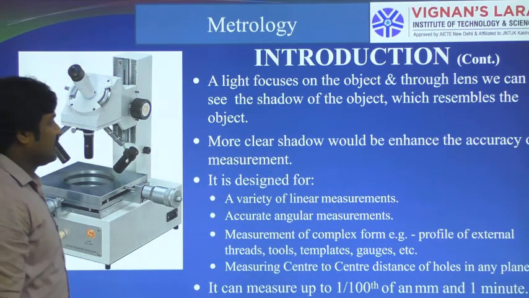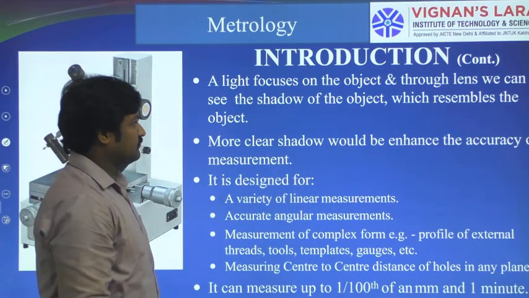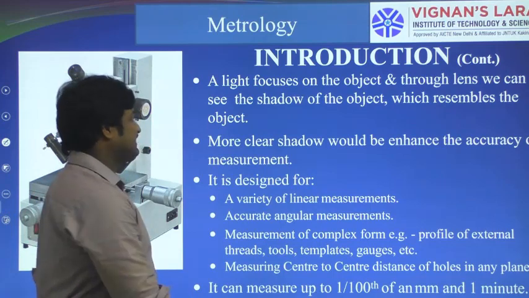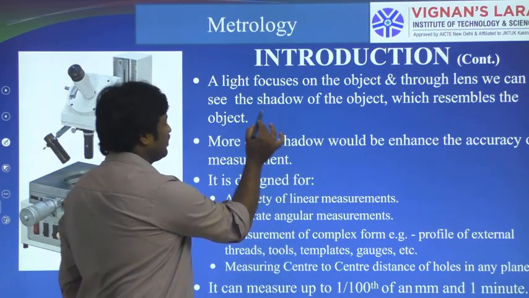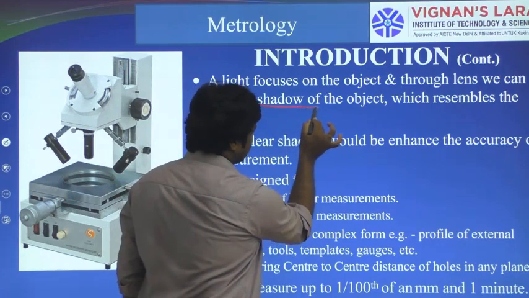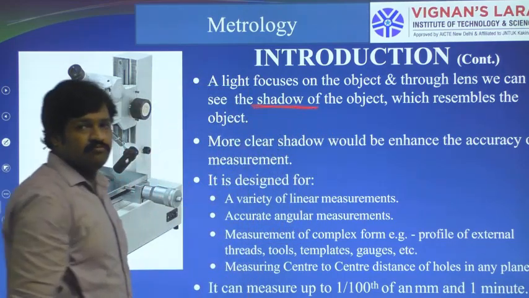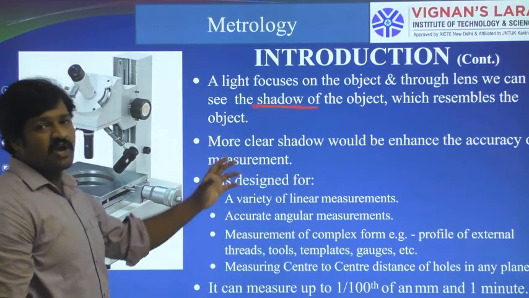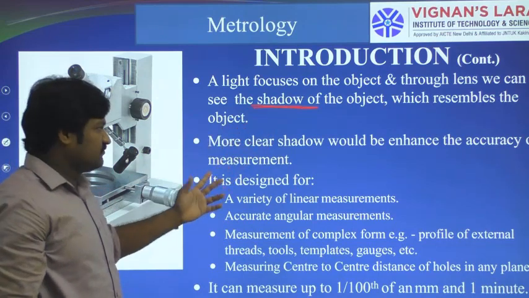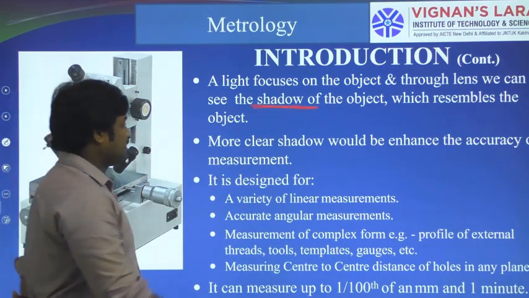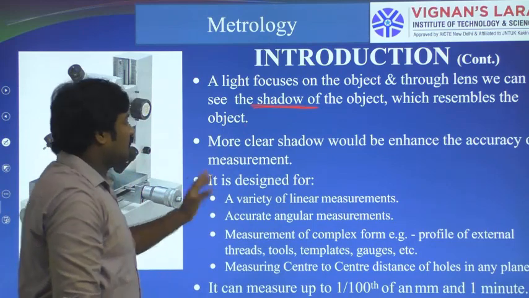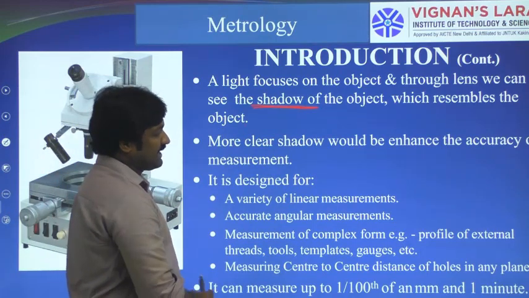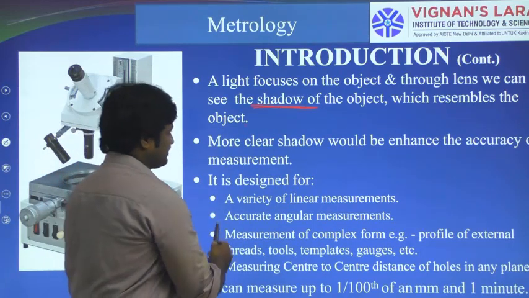A light focuses on the object and through the lens we can see the shadow of the object. So here, by means of the shadow of the object, we are identifying the elements which resemble the object.